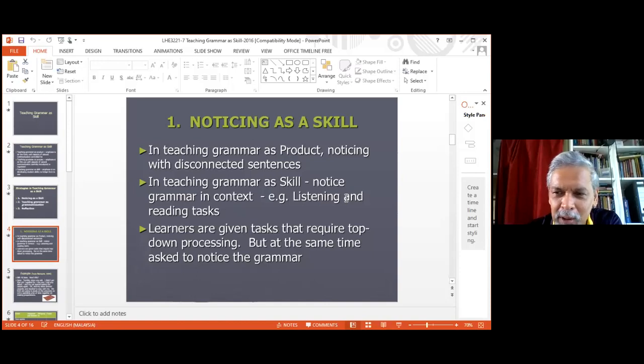We don't change the text. Here in noticing as a skill, it has to be in normal kinds of conversations. Learners are given tasks that require top-down processing, which is what we normally do, because we normally go for meaning, but at the same time they are asked to notice the grammar.